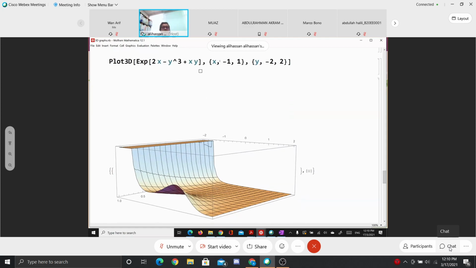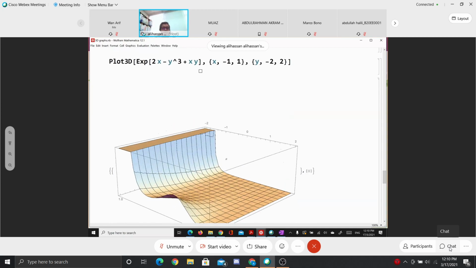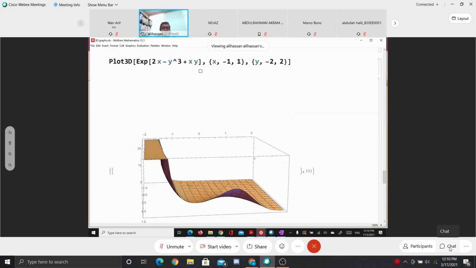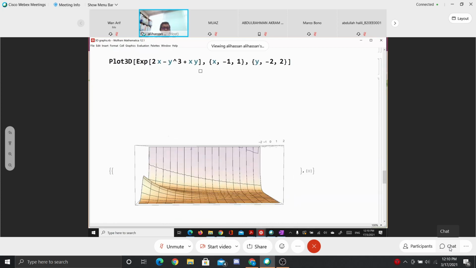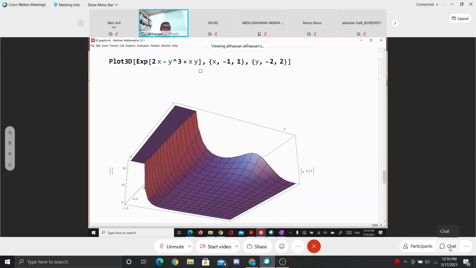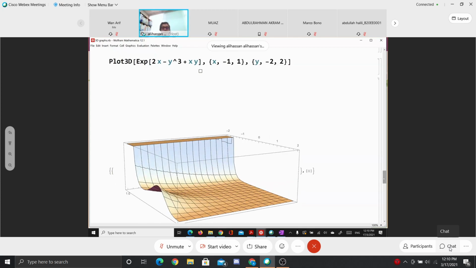It is defined for all x and y, but here I have restricted the domain as shown. One thing nice about Mathematica is that you can also rotate the graph 360 degrees, to see how it looks from each side. I will upload this example also in the e-learning.